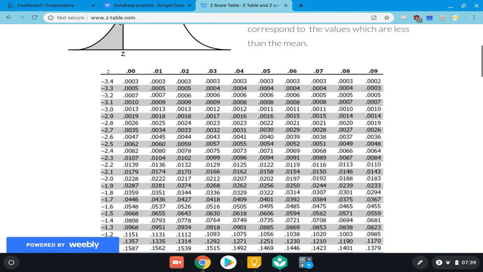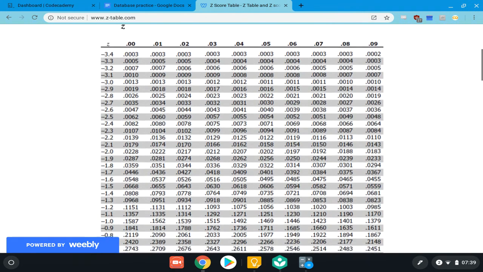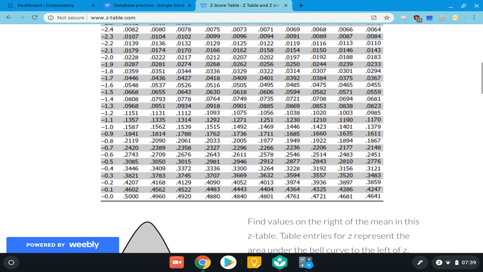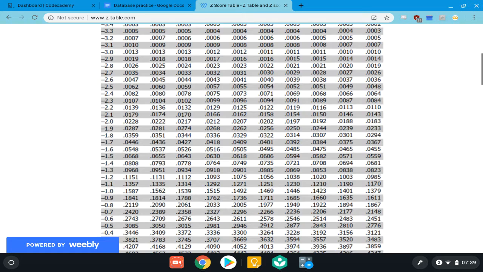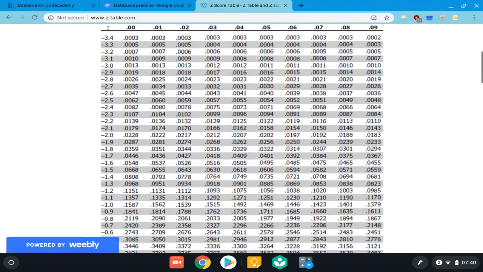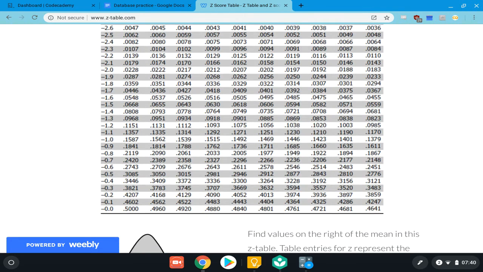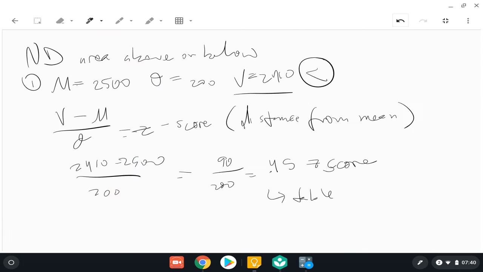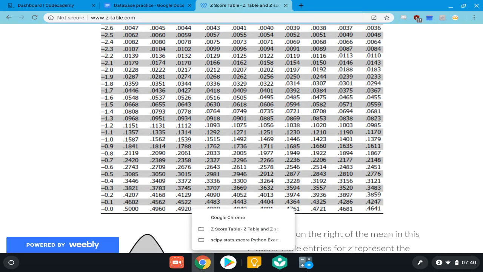We got negative 0.45. Negative 0.4, and the fifth column is here. Negative 0.45 is 0.3264. Let me check that again. 0.3264 for 0.45.